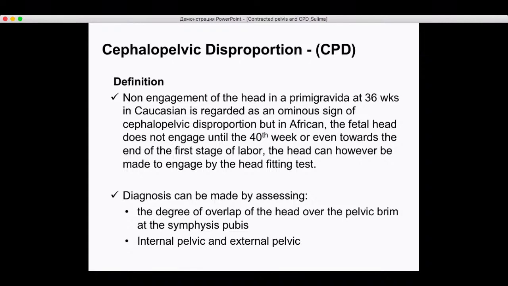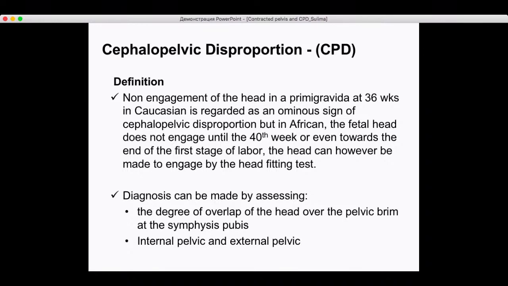Diagnosis can be made by assessing the degree of overlap of the head over the pelvic brim at the symphysis pubis. And of course, you should assess internal pelvic and external pelvic. How can you assess the external pelvis?